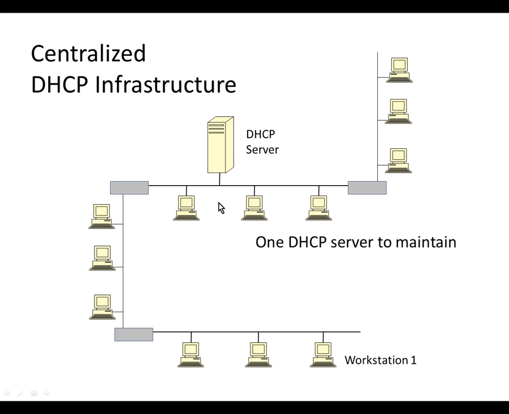With a centralized DHCP infrastructure, there is only one DHCP server, only one server to worry about. And then when a workstation boots up and requests an IP address, the DHCP request travels across multiple segments to get to the DHCP server.